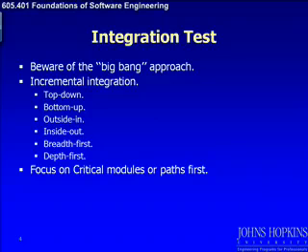So the top tends to be more of the centralized controlling piece, and the bottom tends to be more of the lowest level capability or functionality. Well, the top-down says let's integrate in the central controlling pieces first, like the main program and the pieces that the main program directly invokes. And then the last pieces to be integrated in this top-down strategy would be the lowest level components, the lowest level functions.